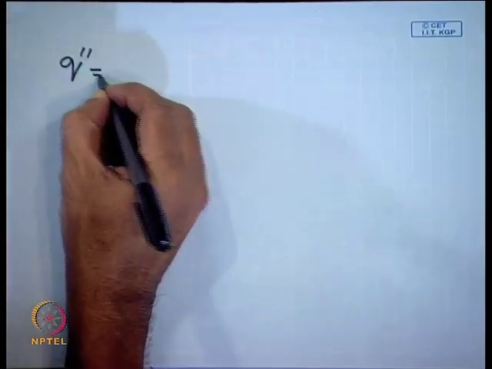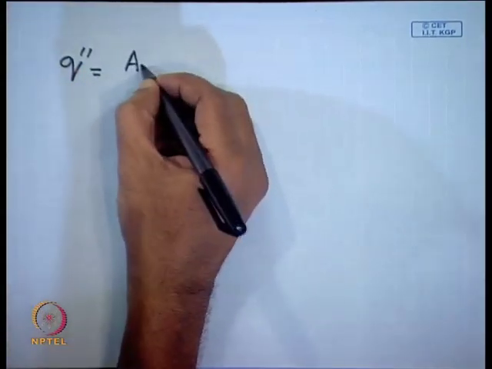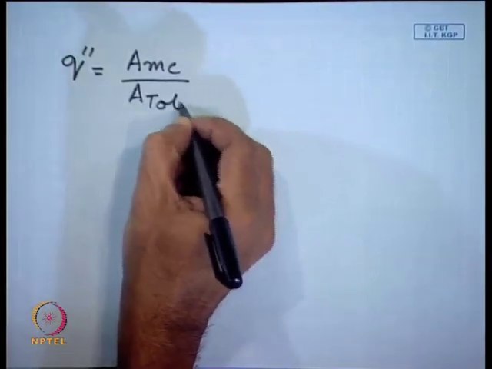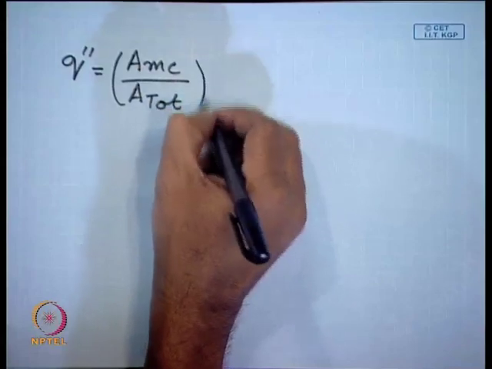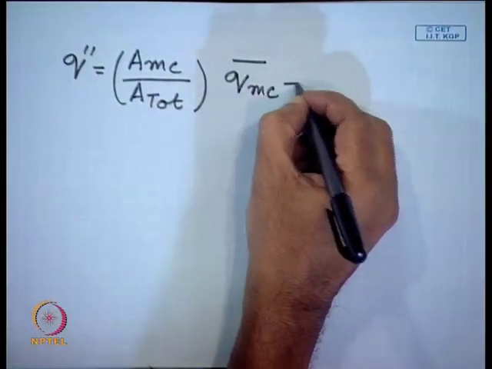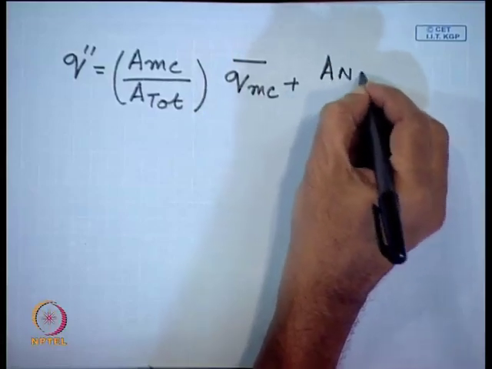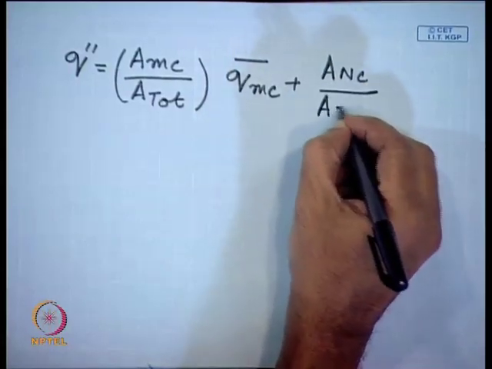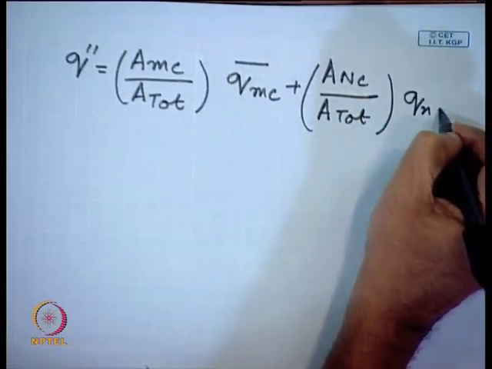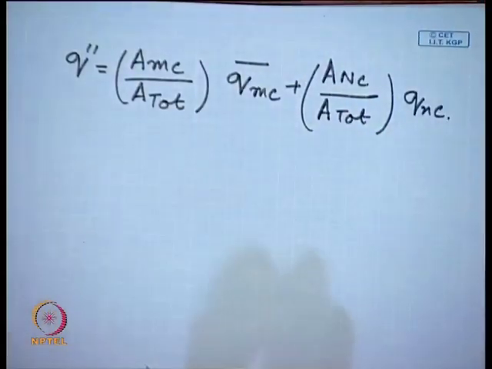Heat flux is equal to A_MC by A_total times Q_MC plus A_NC by A_total times Q_NC. Let me explain what it is.